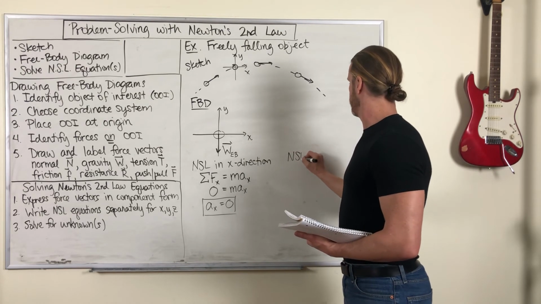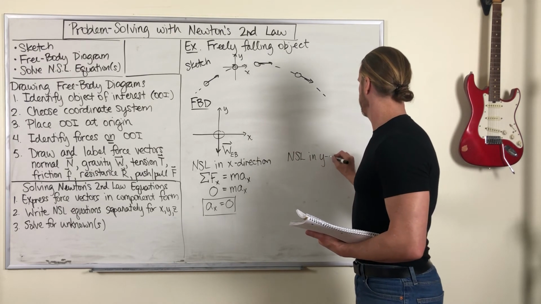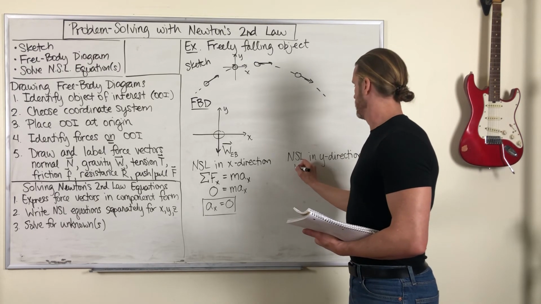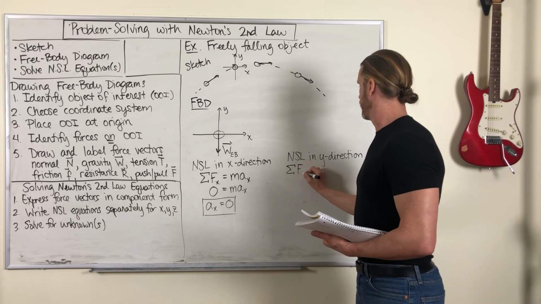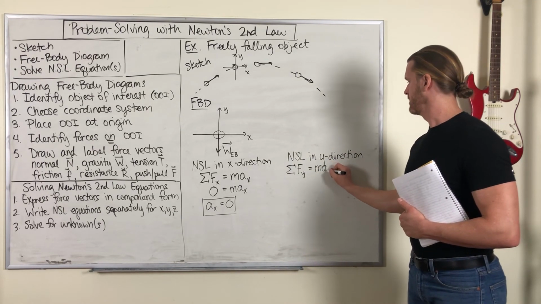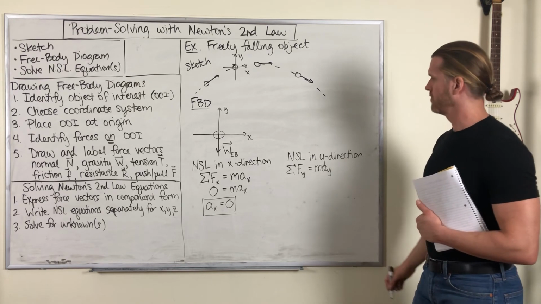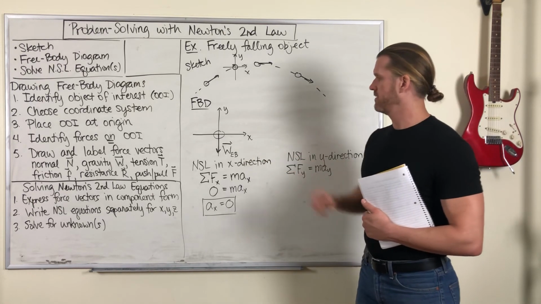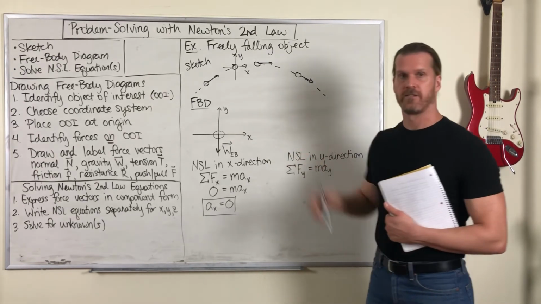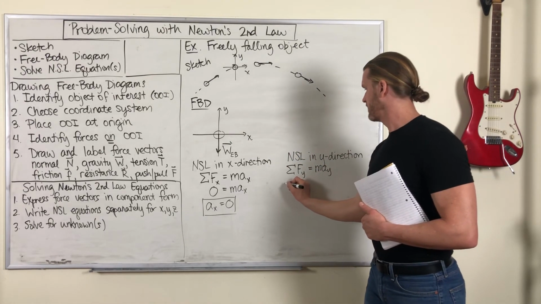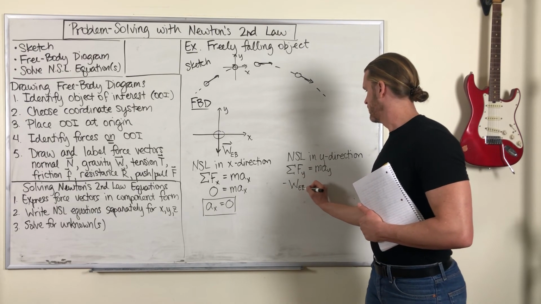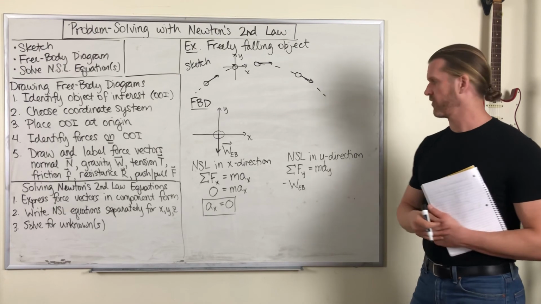On the other hand, Newton's second law in the y direction: the sum of the forces in y equals m-a-y. Well, we've got this gravity force and is directed downward, so I can indicate that direction with a minus sign and write the magnitude of the force.